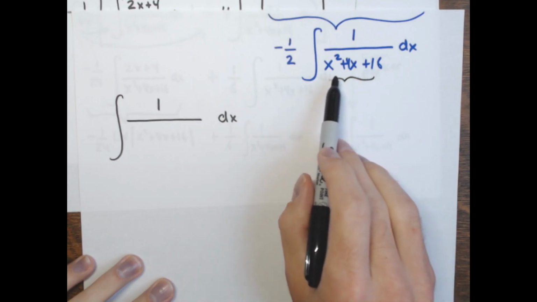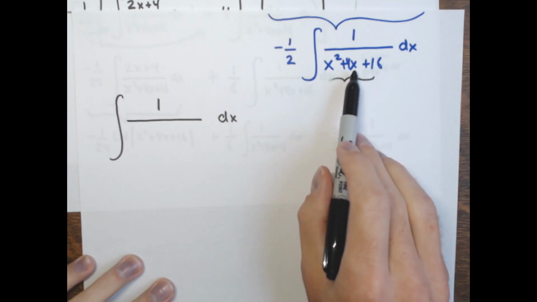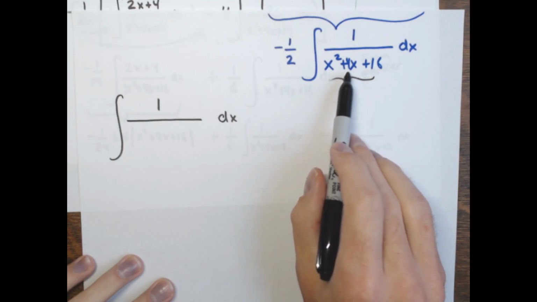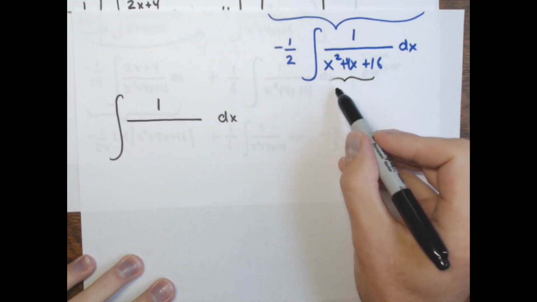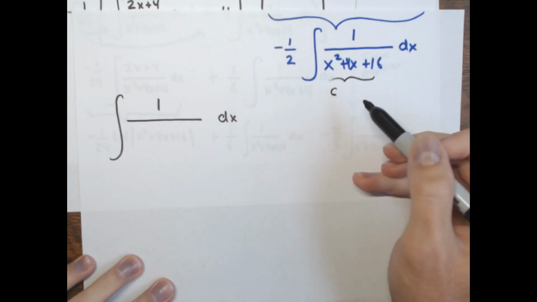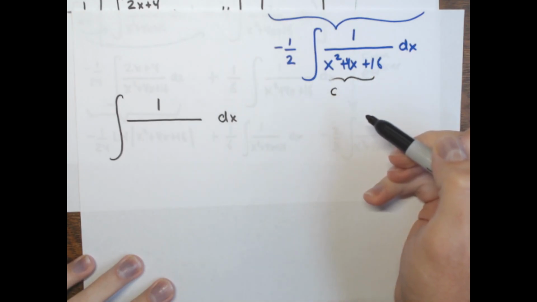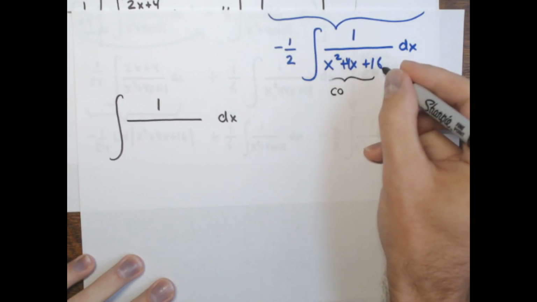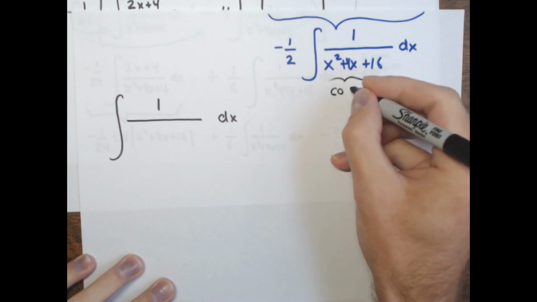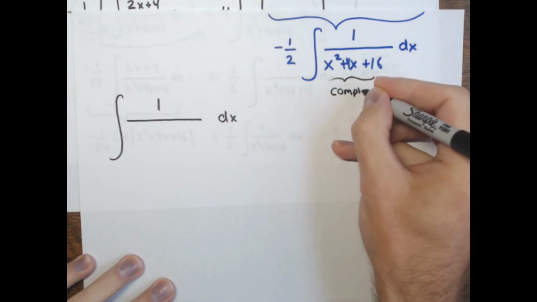This is not a sum of squares. It's x squared plus 16, but then you've got this plus 4x. It throws things off. It's not a difference of squares. But if you recall, go back to the section 3.3 video on trigonometric substitution. These quadratics that are not sums of squares or differences of squares, we can make into a sum of squares or a difference of squares by completing the square.